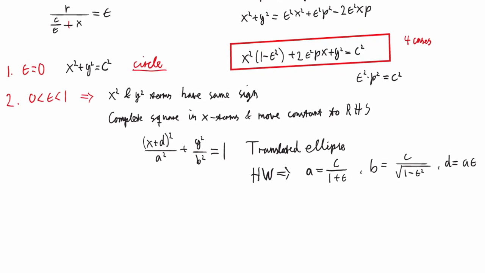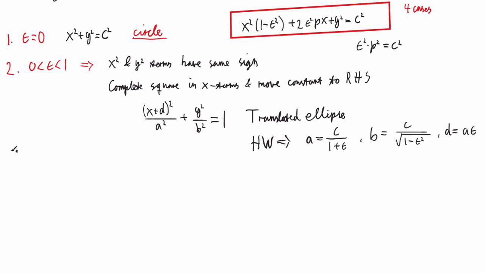Okay, now we have the third case, which is epsilon equal to 1. That means that this term, the x squared term, disappears. And what we're left with then is just these two things, which we're going to rewrite in this form.